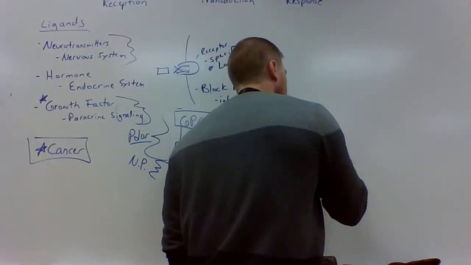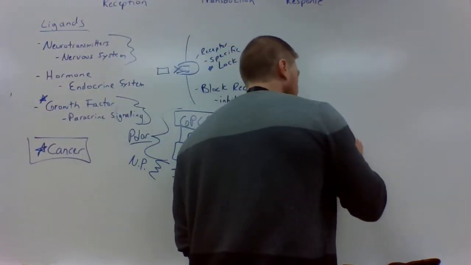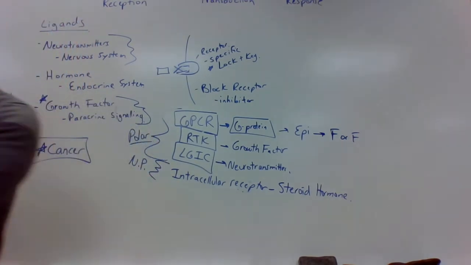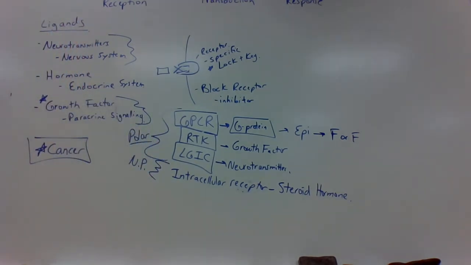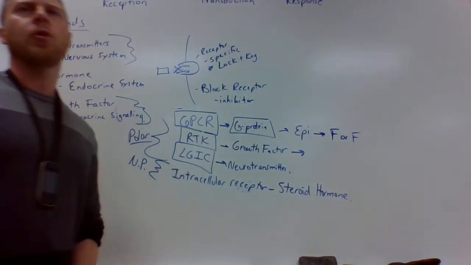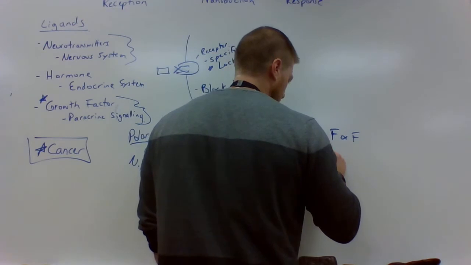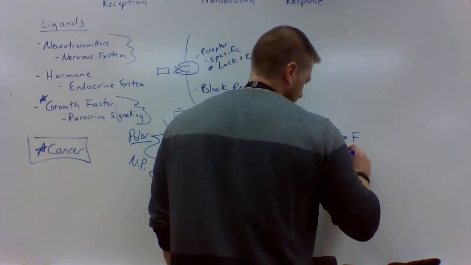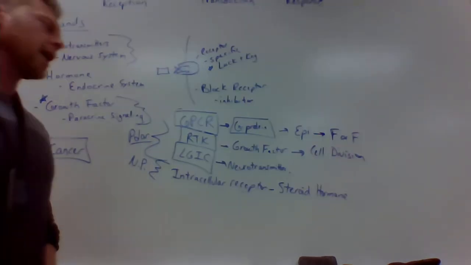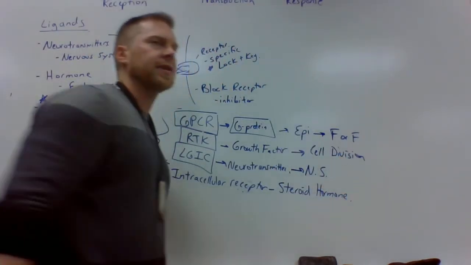Now, just jumping ahead, looking at each of these types, because I know they are important, epinephrine triggers what response in its target cell? Fight or flight. So epinephrine is responsible for causing fight or flight. Growth factors initiate what process? Cell division. Neurotransmitters function in the nervous system.